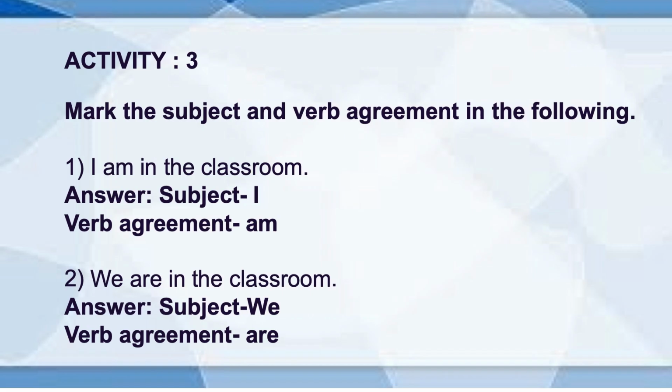I am in the classroom. So, what will be the subject in this particular sentence? Subject will be I. And what will be the verb agreement? The verb agreement will be am. I am in the classroom. The subject will be I and the verb agreement will be am. Second, we are in the classroom.